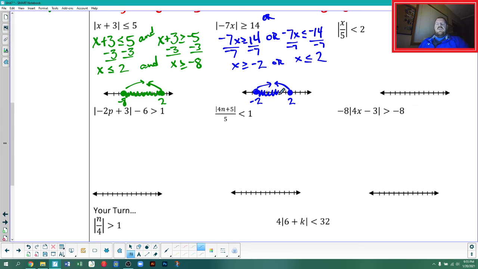I could have just shaded this one, and that's going all the way across. And then I could have shaded this one, a little bit of overlap there, but this one's going that way. This answer ends up being everything would work, all real numbers. Because they overlap, they're going in opposite directions, and they're going to keep going because it's an OR.